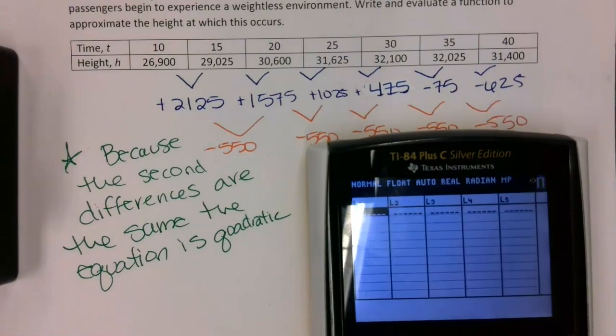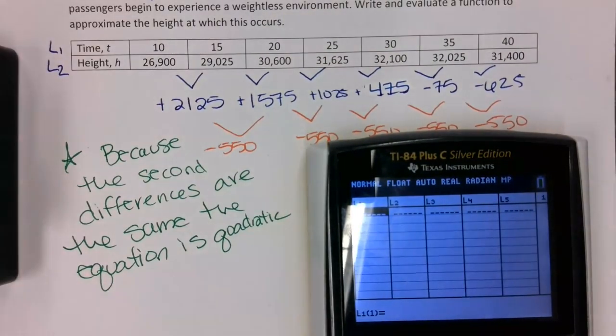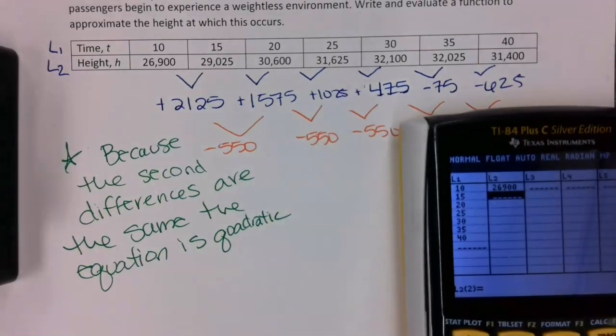If there's numbers there, I'm going to clear them out. Otherwise, time is L1, height is L2. So I'm going to plug those in. Is that better?